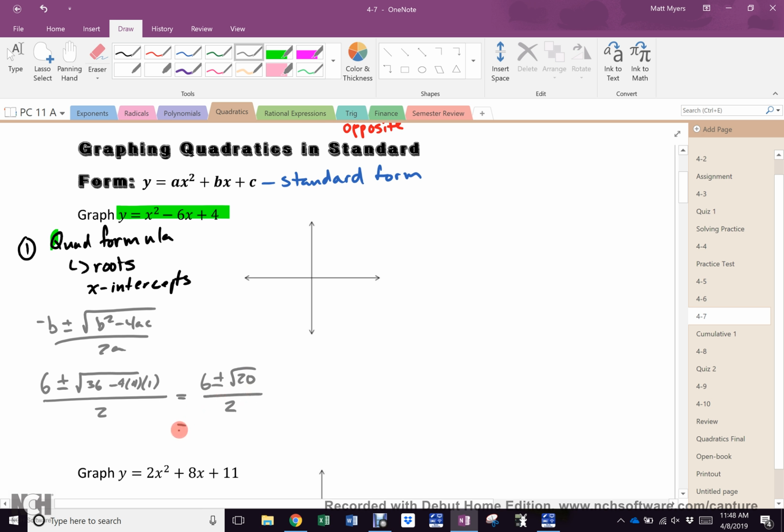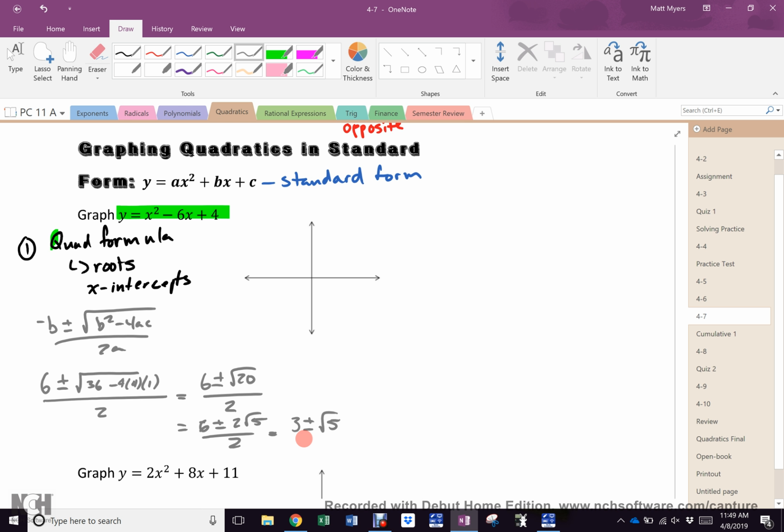Which would get us 6 plus or minus 2 root 5 over 2, which would get us 3 plus or minus root 5. Does everyone agree? Is that useful for helping us graph if we don't have our calculators?